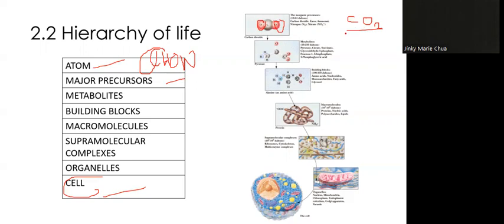And the carbon dioxide is converted to your metabolites. This is used to form your building blocks, the building blocks of macromolecules. You will learn when you go to your macromolecules what the building blocks of proteins, carbohydrates, lipids, and nucleic acids are. Macromolecules are the bigger, large molecules of different types: carbohydrates, proteins, lipids, and nucleic acids.